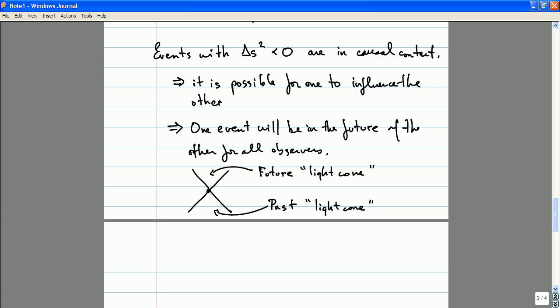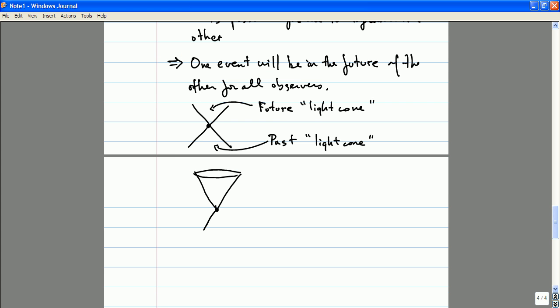Light, because light defines that pair of 45-degree lines, and cone, because if you were to try and draw this in more dimensions, I would have to draw this picture in 3 dimensions, and it would look something like that. So this would be, let's see if I can draw it. The future and past light cone, and out here would be space-like separated.